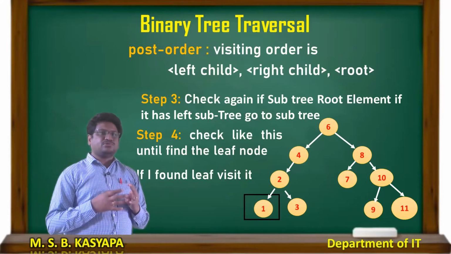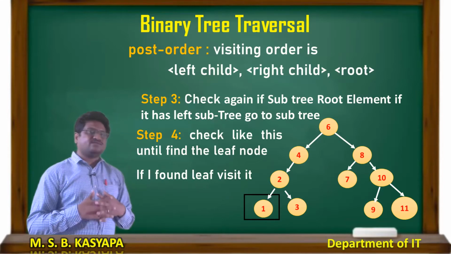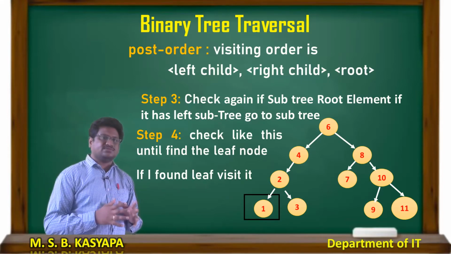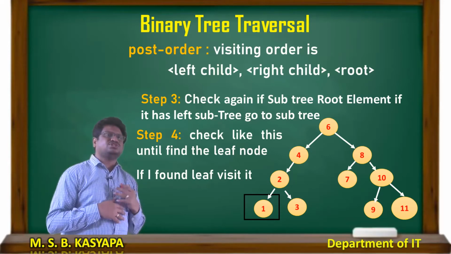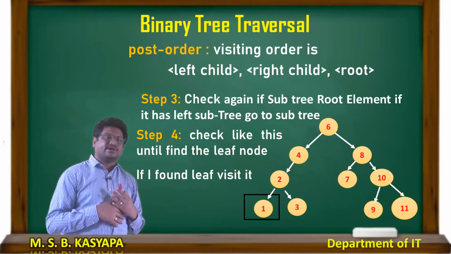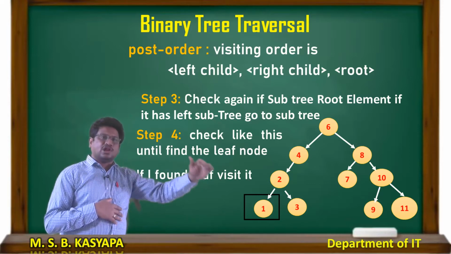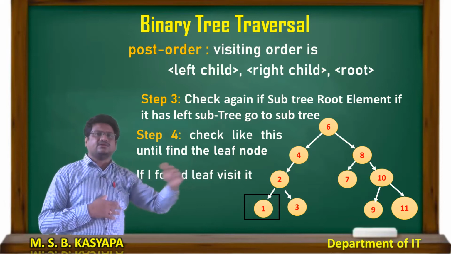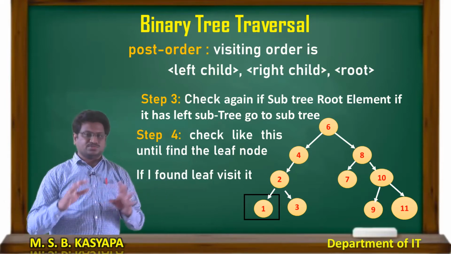Since I am using post-order, if I want to visit the left child first, I have to repeat this process until I find the last element of the left subtree.